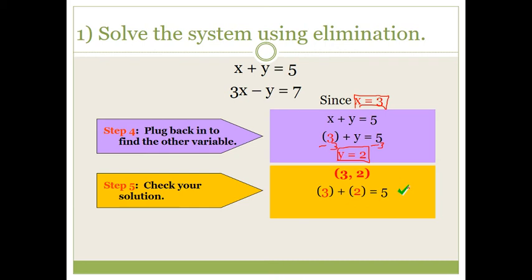Okay, it worked in the first one, but it also has to work in the second one. Right? That's what solving a system means. It has to work in both equations. So I replace x with 3 and y with 2 in the second equation, and then I solve. So 3 times 3 is 9, minus 2 is in fact 7. So again, this one checks, and we know that our answer worked in both equations.